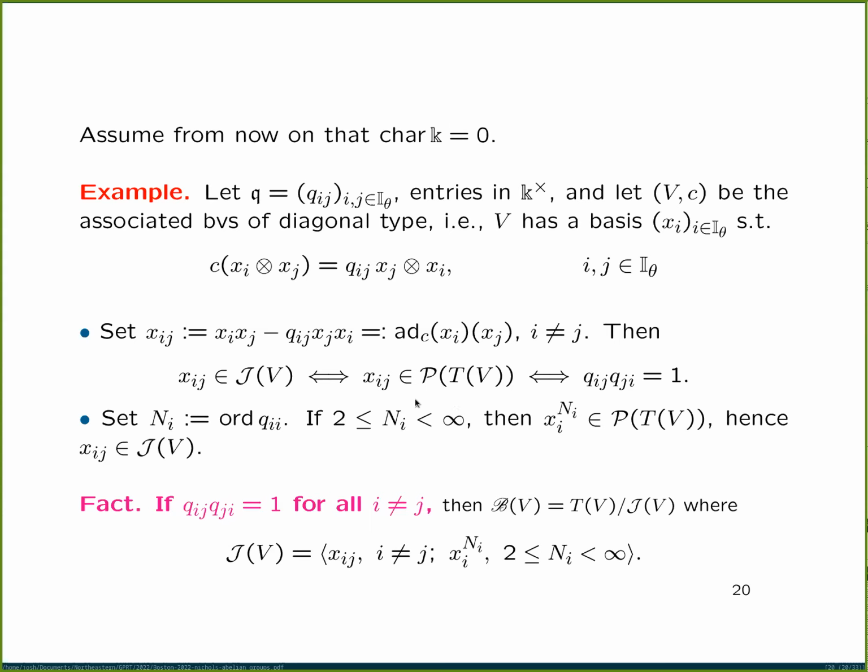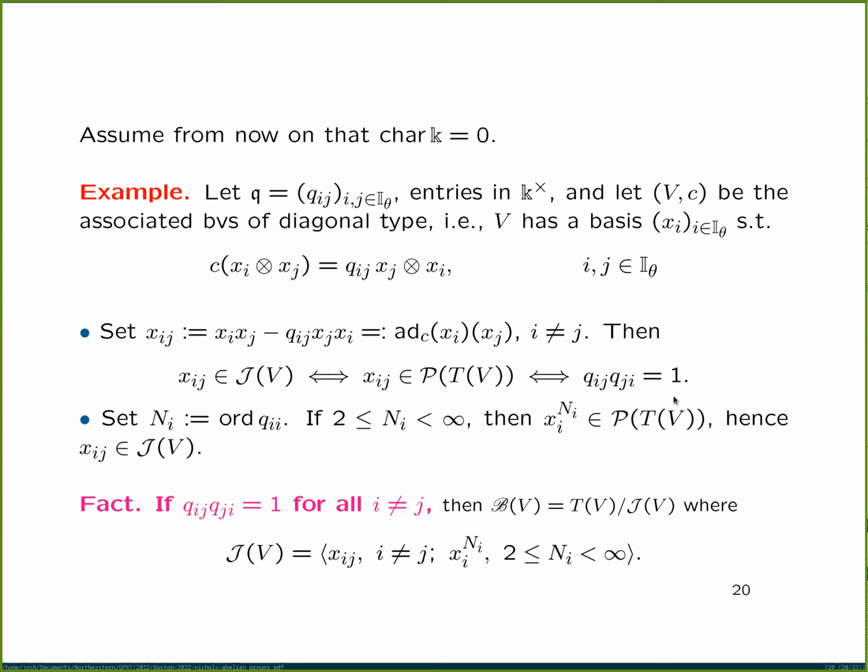So xij belongs to the ideal if and only if xij is primitive, and you do a very simple computation, and this is equivalent to saying that qij qji is equal to 1. So whenever qij qji is equal to 1, we already have one relation for each pair ij.